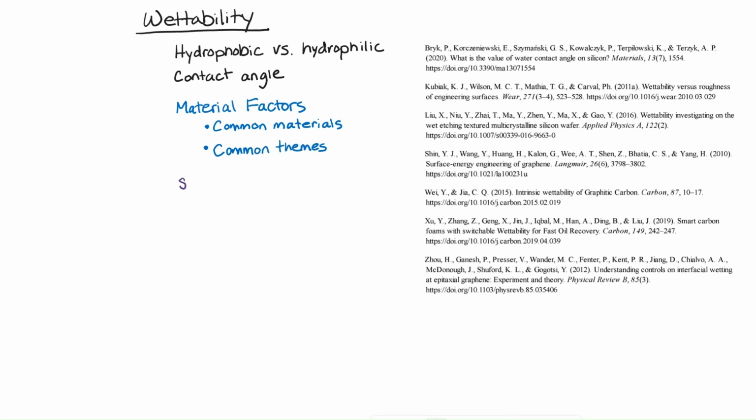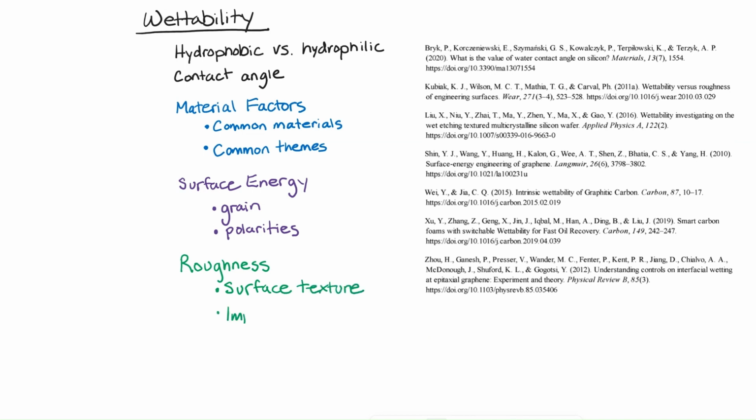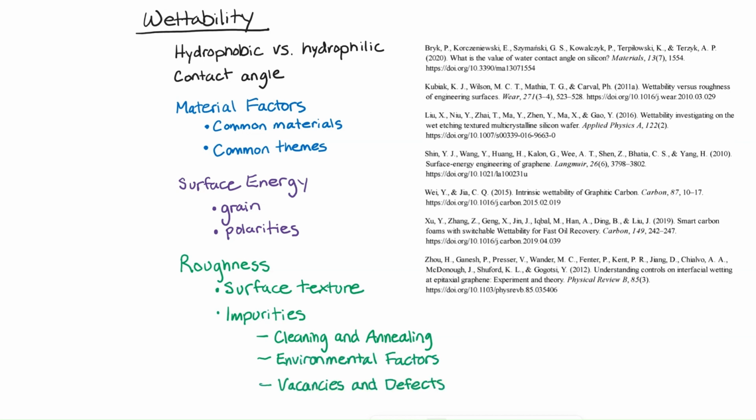How surface energy, grains, and polarities in a material affect the contact angle or wettability. And lastly, we'll go into environmental factors such as surface textures, impurities, cleaning methods, and how any of these variables can also affect the wettability, according to the papers that I've read.